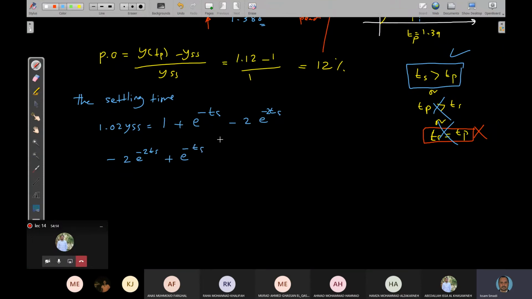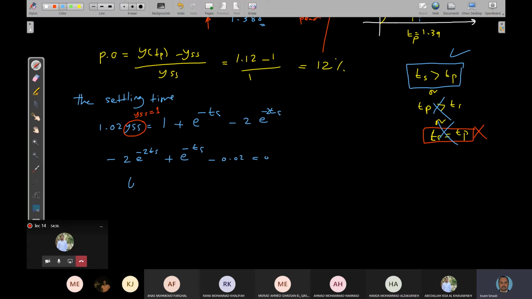And if I collect the terms, y steady state equals what? 1. Why 1? Because the DC gain is equal to 1 and the input is a unit step. So this will equal minus 0.02 equal to 0.